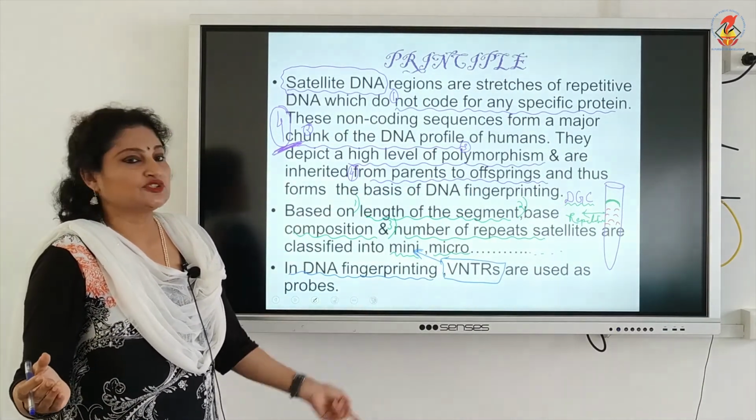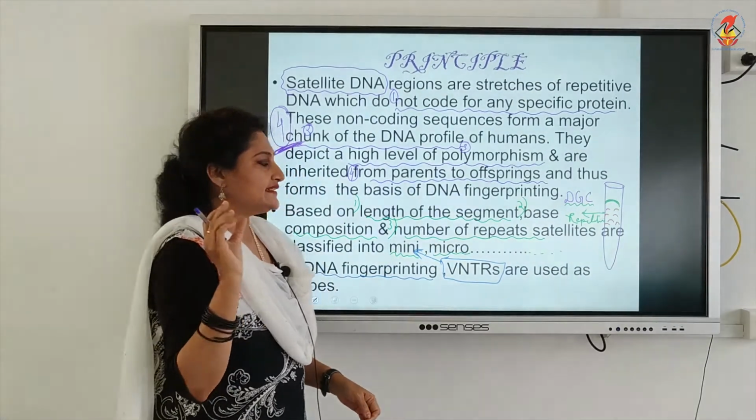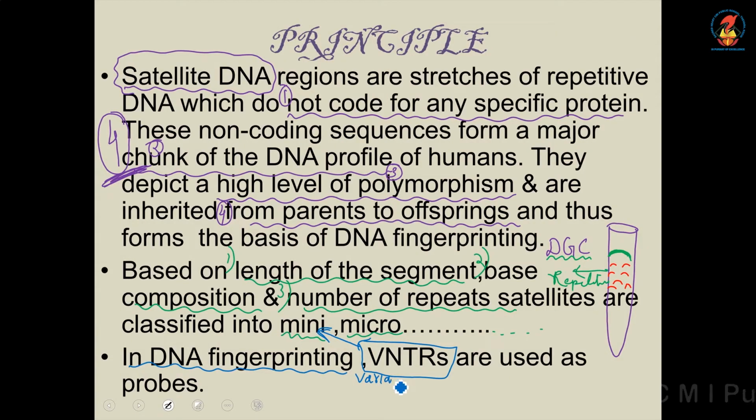The satellite that was used for DNA fingerprinting was called VNTR. V stands for variable, N stands for number, T stands for tandem, and R stands for repeat. And this particular satellite belonged to the mini satellite.